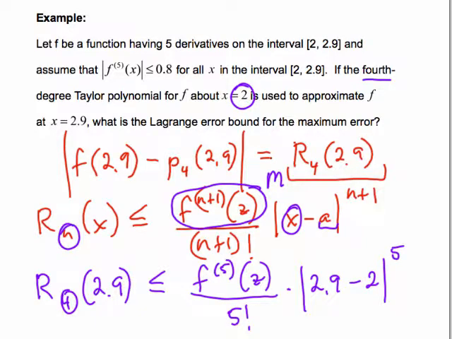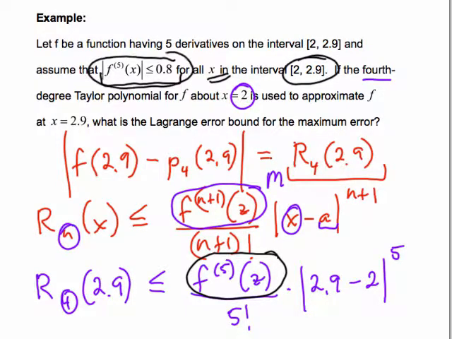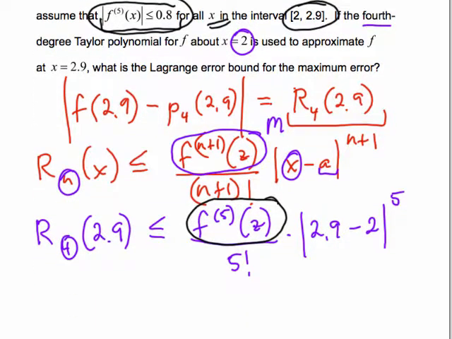All right, the only thing we're still wondering about is this value. This is the biggest 5th derivative. Well, we were told that up here. We're saying that for all values of x on this interval, the biggest derivative is 0.8. So I'm going to put 0.8 into position.